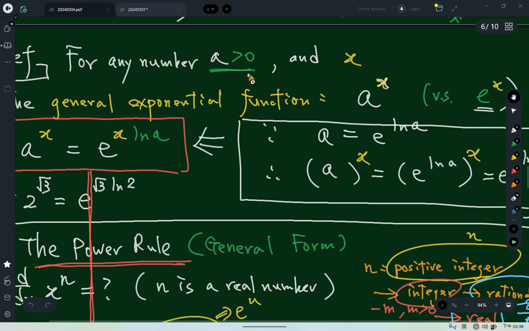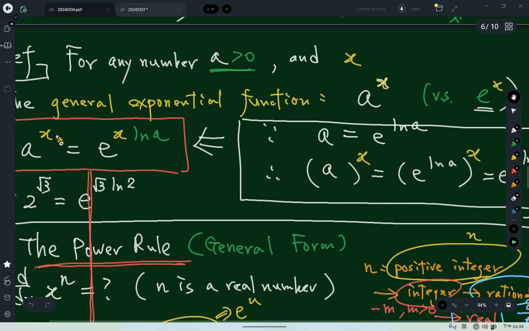But a here should be a positive number, like 2, 5, 10, 11, any real number is fine. The only condition is that a should be larger than 0. It's a positive number.